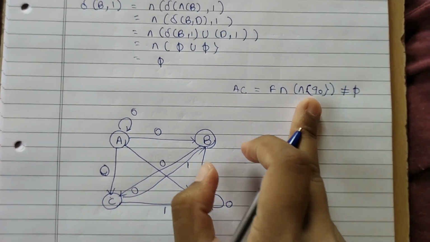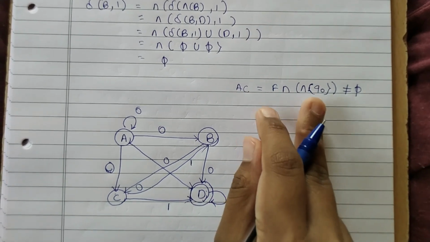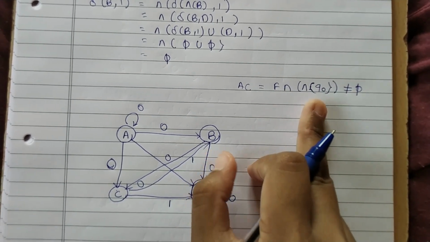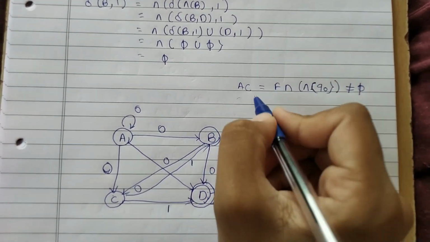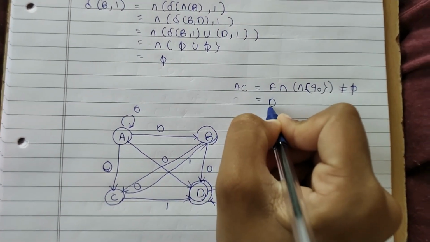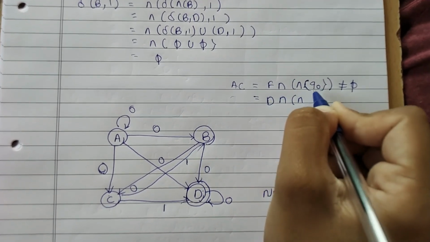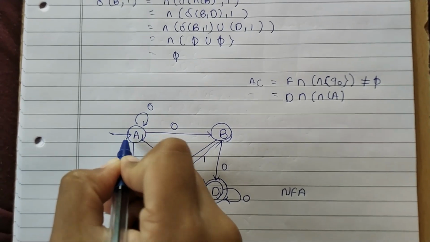If the null of the initial state intersected with the final state is not equal to phi, then the initial state is also an acceptance state. So we check here: our final state is D, and our initial state is A.